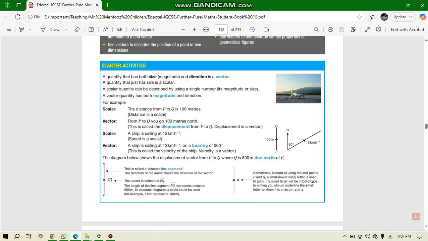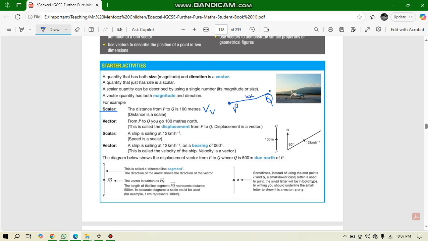So here are some examples. For a scalar, the example is the distance from P to Q. So here is a point P and a point Q. Let's suppose this is P and this is Q. The distance between P and Q is 100 meters.